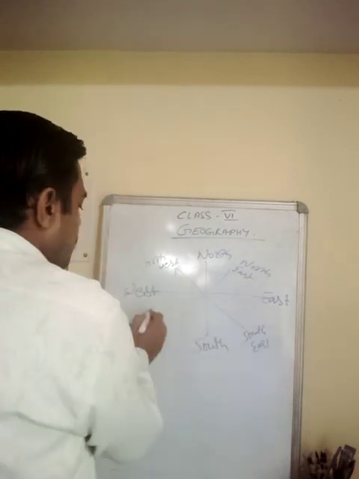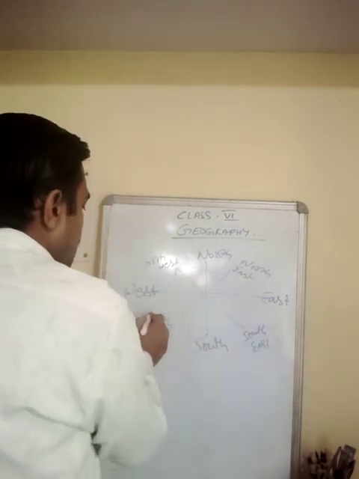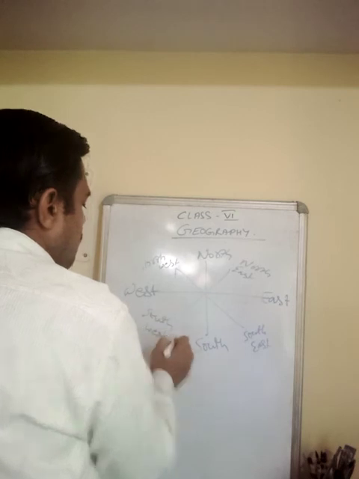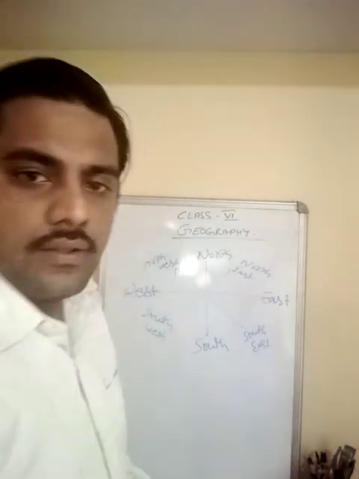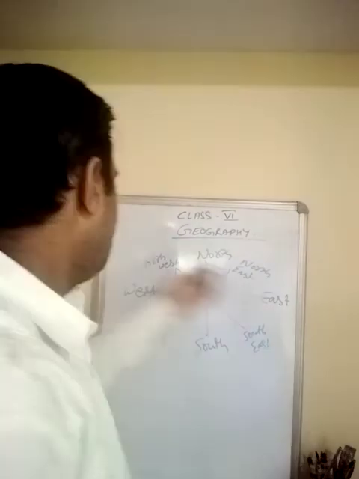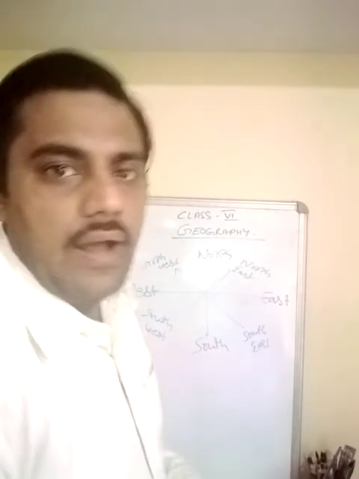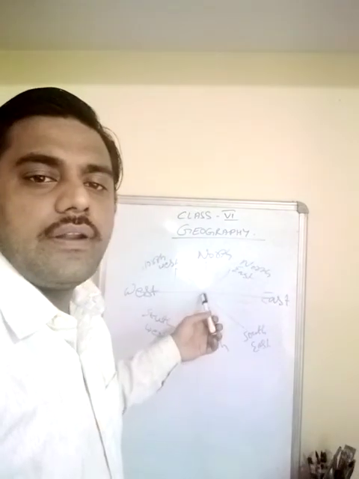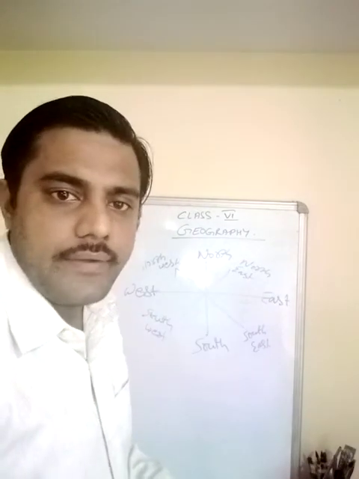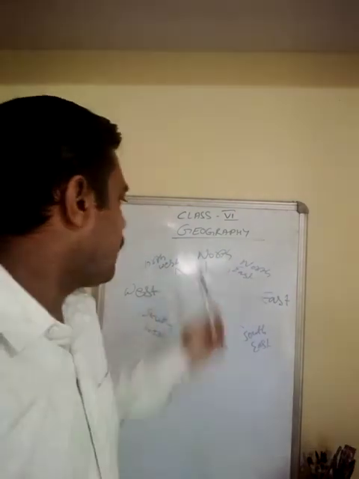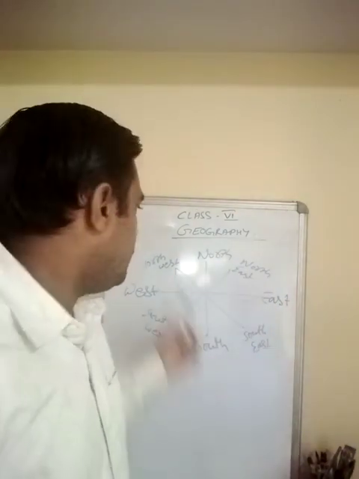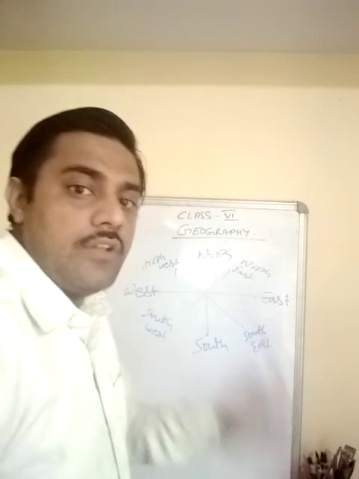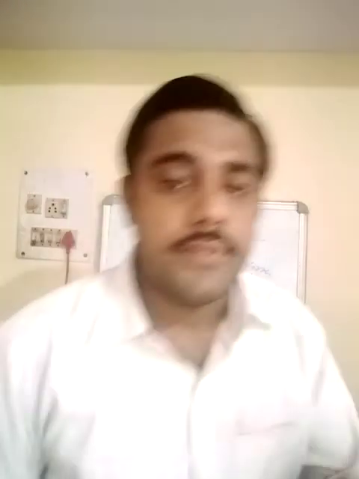And between south and west, southwest. So if you are able to cover this, then your directions diagram will be complete. East, west, north, south, northeast, southeast, northwest, southwest. Not west, north. Okay, west north will not be there. It's always north, west. So please remember this one.